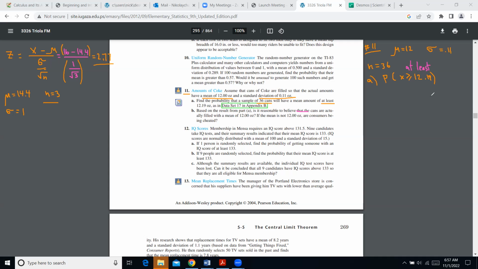More is fine, but less is not going to fit with at least. And actually, if you have 12.19, maybe that's a type of a barrier. So if you pour more than that, then there might be some issue with the can. So let us see what's the chance that this is going to happen. And we're going to use our favorite normal distribution with mean given as 12. Now we also have a probability equation attached. So 12.19 is bigger than 12.